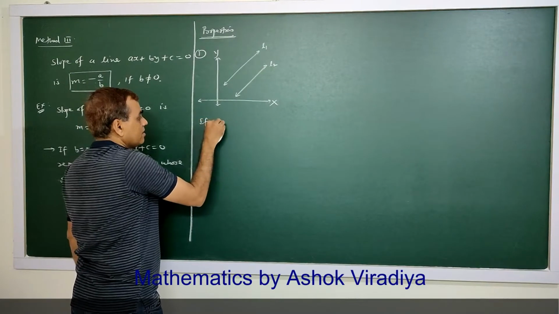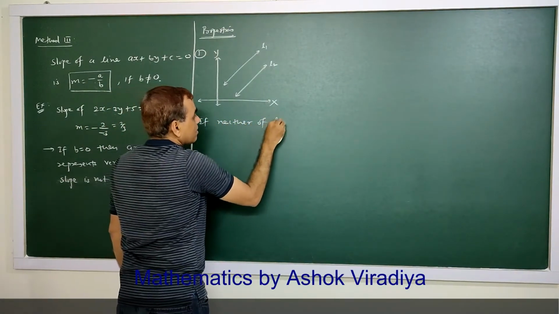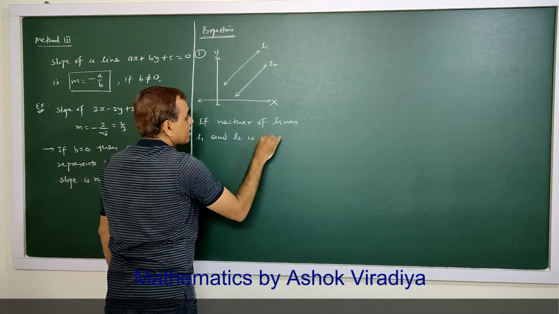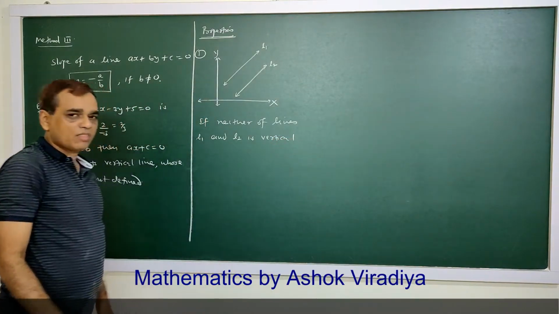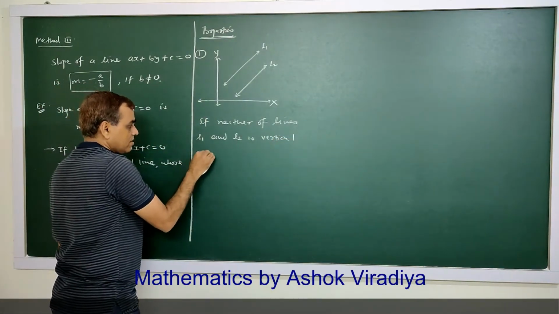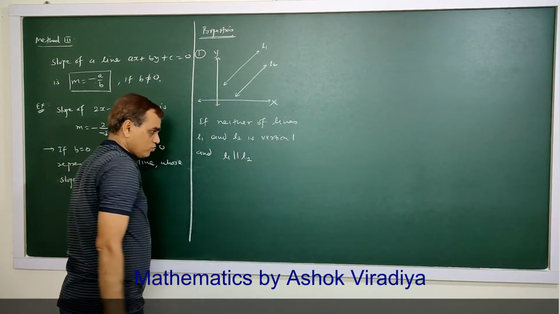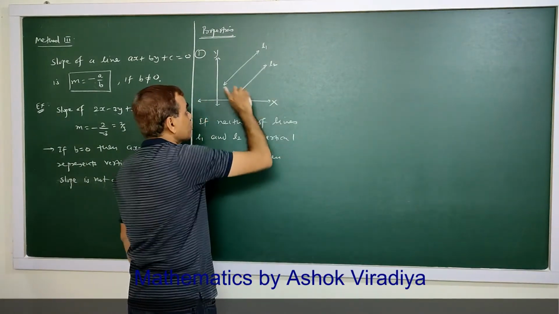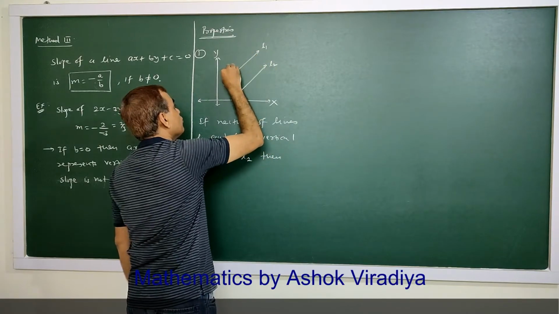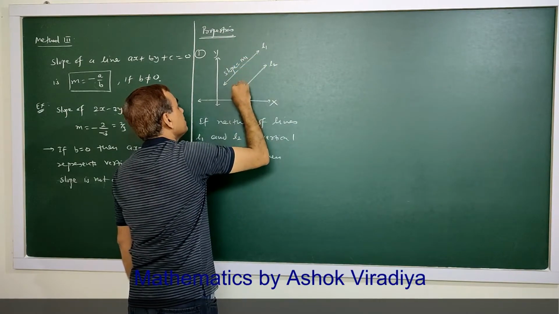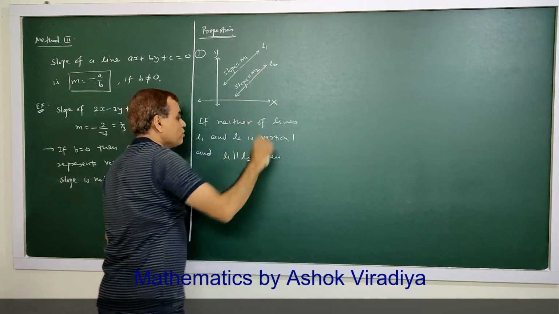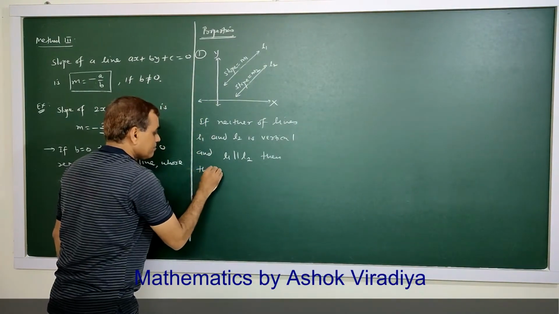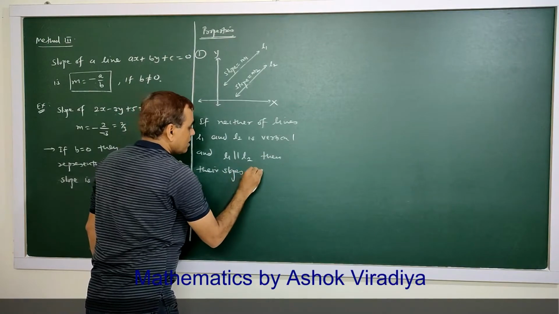So if neither of the lines L1 and L2 is vertical and L1 is parallel to L2, then their slopes are equal. If the slope of L1 is m1 and the slope of L2 is m2, then m1 equals m2.